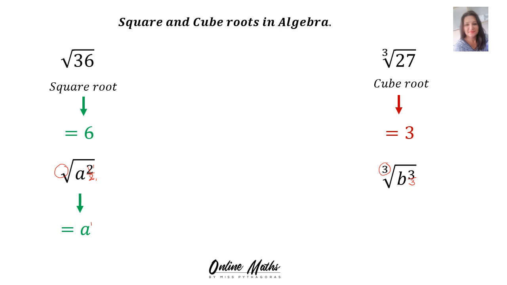And then you will say 3 goes in itself once and 3 goes in itself once. Therefore, the cube root of b to the 3 is just b. Remember, it's the exponent that you divide by 3.